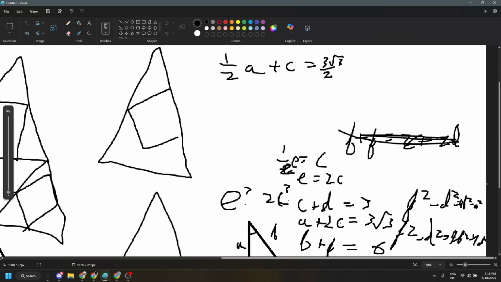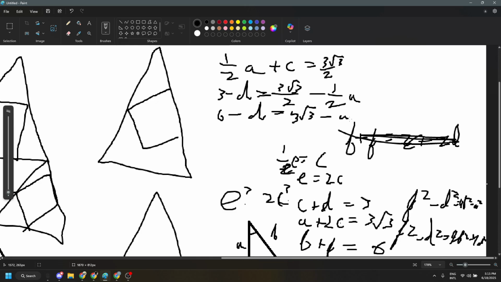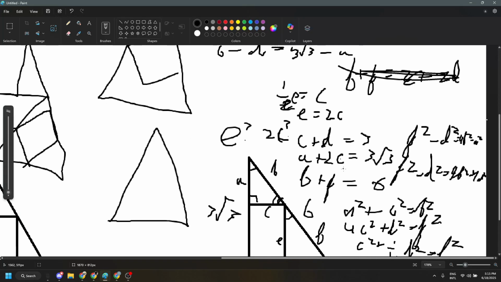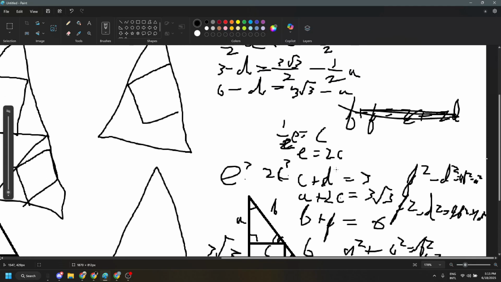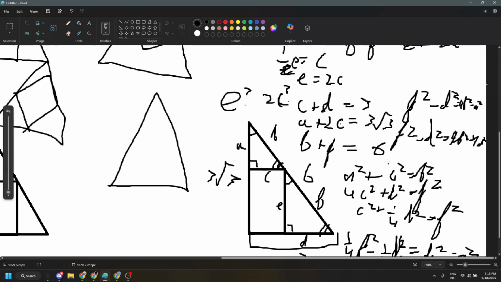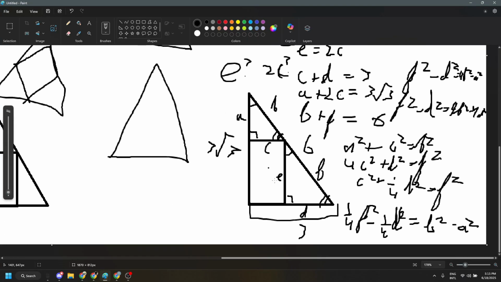Then subtract this, so 3 minus D is equal to 3 root 3 over 2 minus 1 over 2 A, so 6 minus D is equal to 3 root 3 minus A. But then we have 6 here, and that doesn't include any of these variables. What other equation do we have that includes these variables? D and A, none of these.